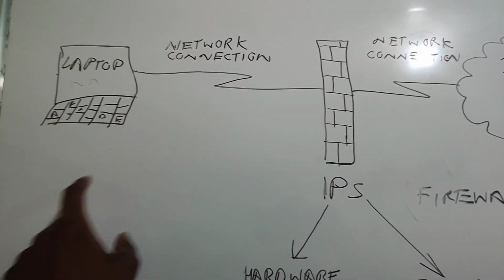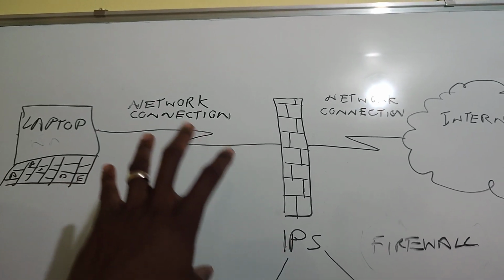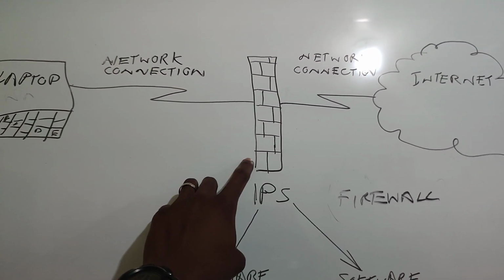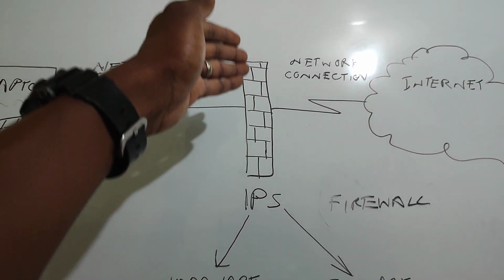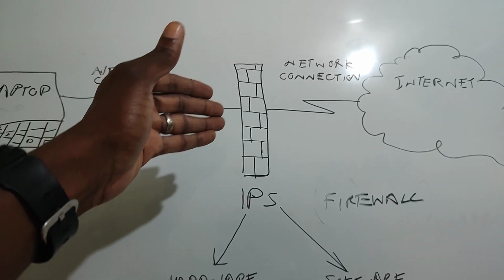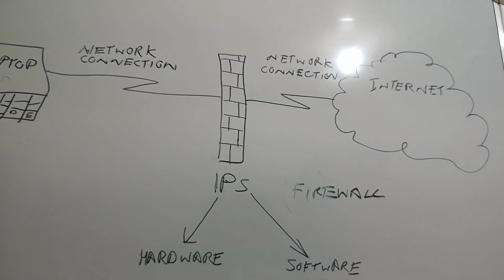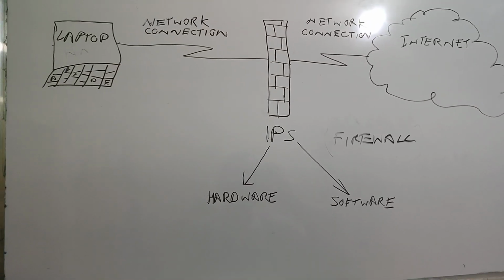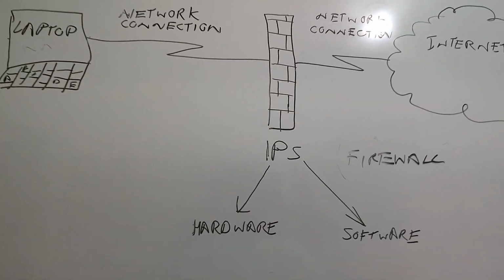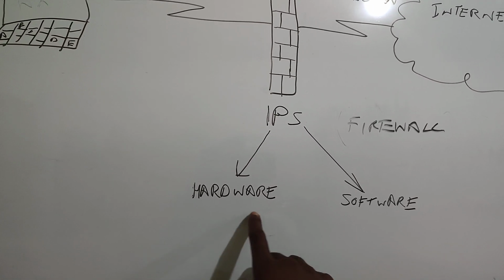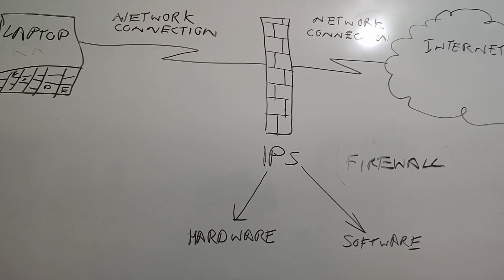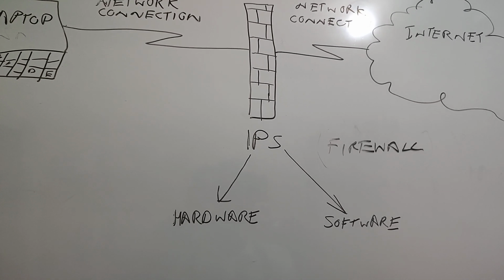So let's say I had another laptop here, and another laptop here, and so forth. This IPS now works like a big security blockage or filtration system for things coming in and going out of the internet. Also, the benefit is that these firewalls tend to be a little more robust, and they could handle more overhead.